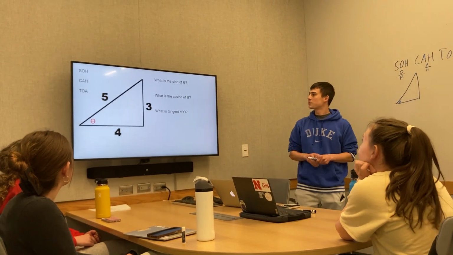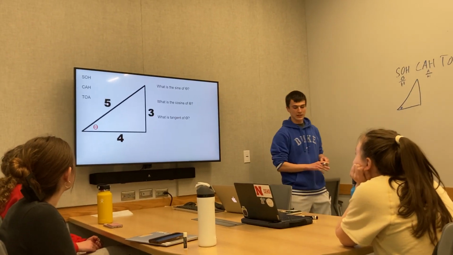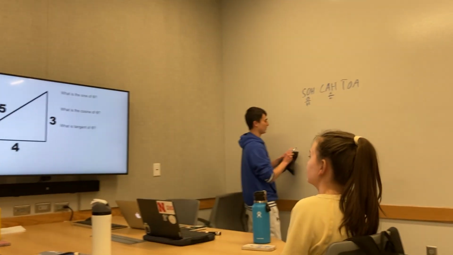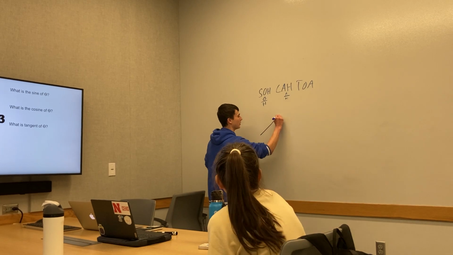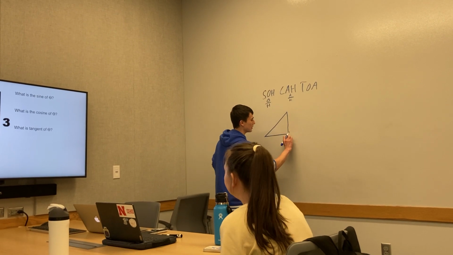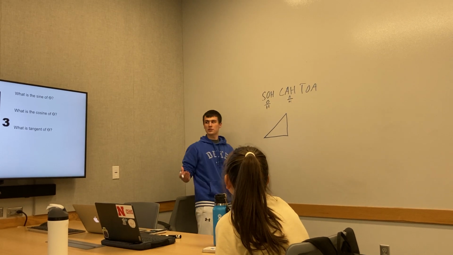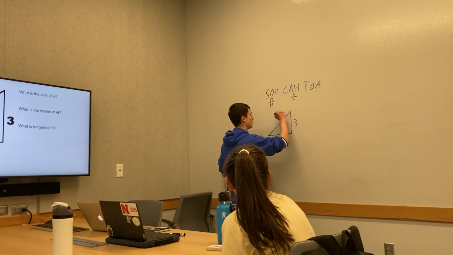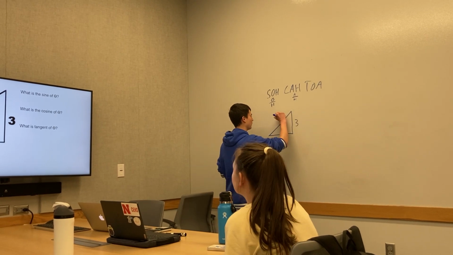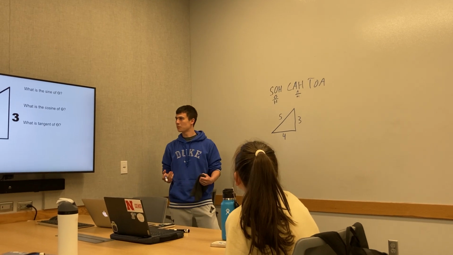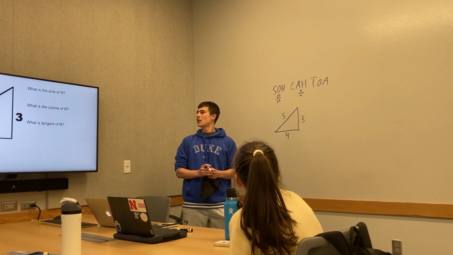So let's just jump into an example. If we have, I'll draw this a little bit better, that was a terrible triangle. If we have a 3, 4, 5 triangle, which we know is one of our special triangles that we use a lot in trigonometry. Let's call this 3, 4, 5, and if we wanted to prove those side lengths, we could do so using the Pythagorean theorem, but we know that that's accurate.